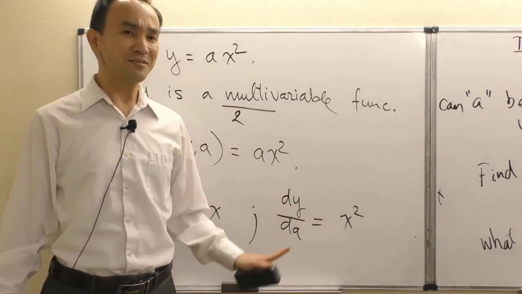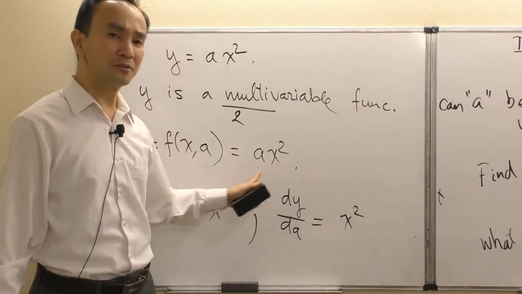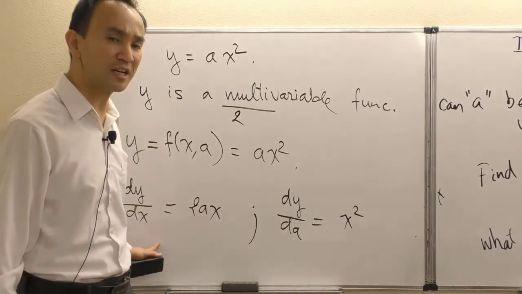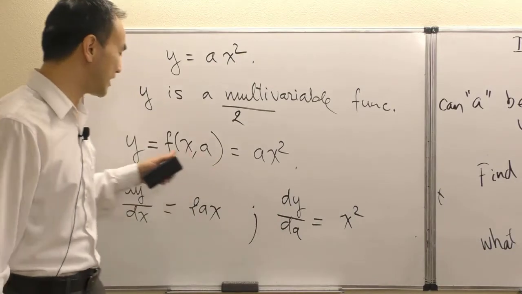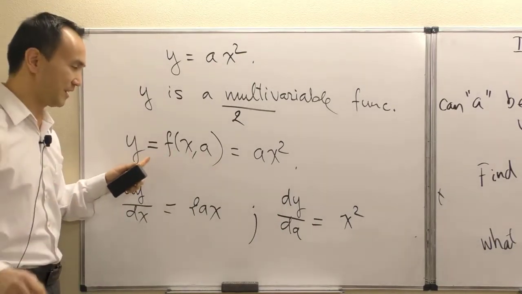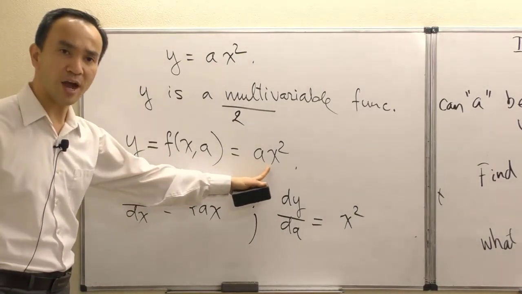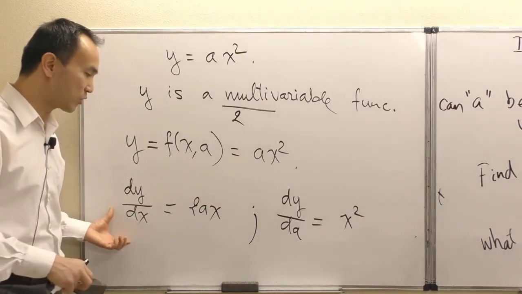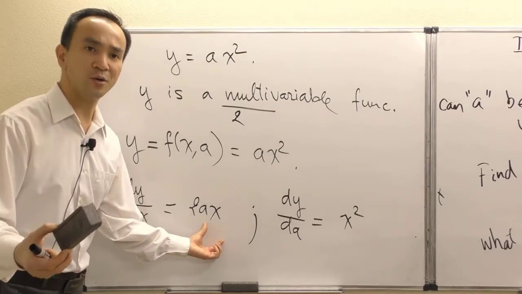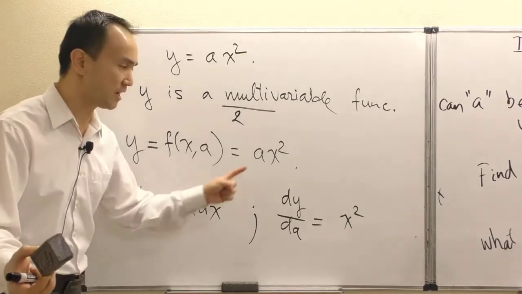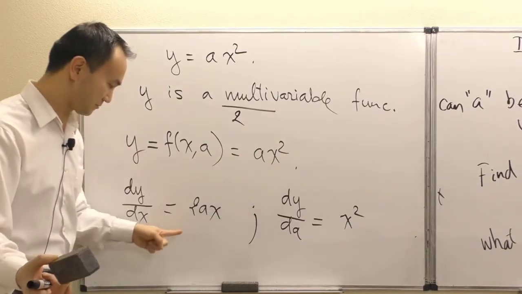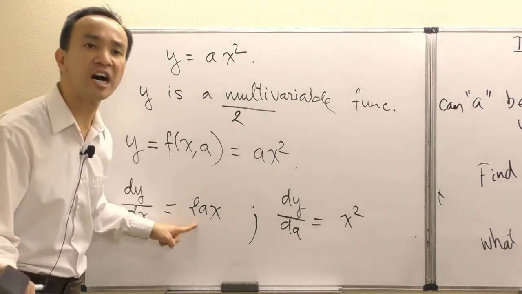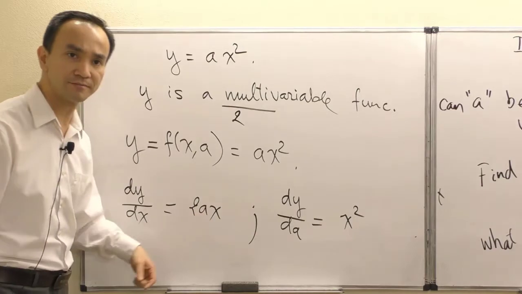All right, but see, now with a function of two variables, we ended up with two different kinds of derivatives. One derivative is in terms of the variable x. If the derivative is intended to be in terms of x, then we're treating all of the expression aside from the x variable as coefficient.